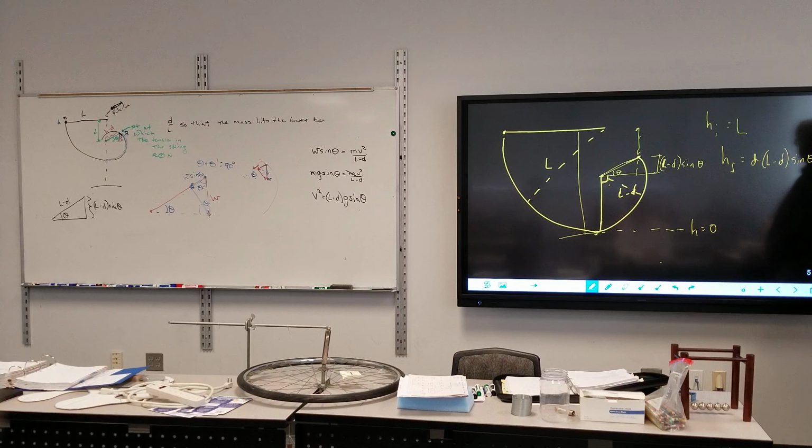So if h is equal to 0 at the bottom, is the mass going to land on the bar? Yeah, we'll assume that this point mass will land at the center of the bar.